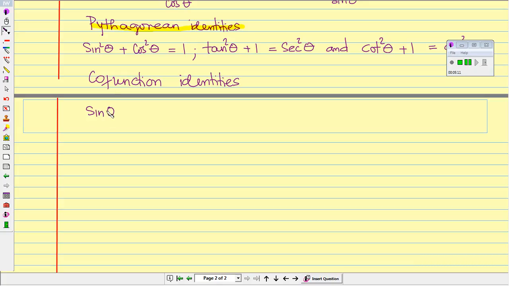We have sine of the angle theta is equal to cosine of pi over 2, or 90 degrees, minus the angle theta. What it says is that if the angle theta is an acute angle, then sine of the angle theta is equivalent to the cosine of 90 degrees minus that angle theta, or pi over 2 radians minus the angle theta.